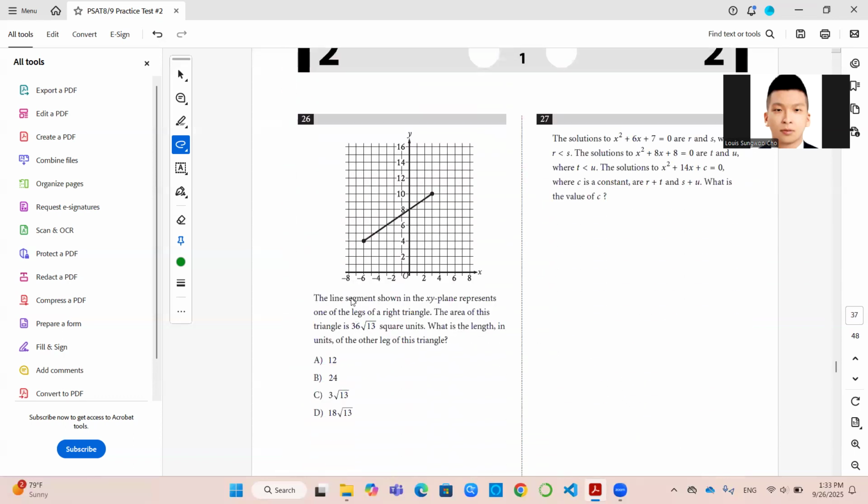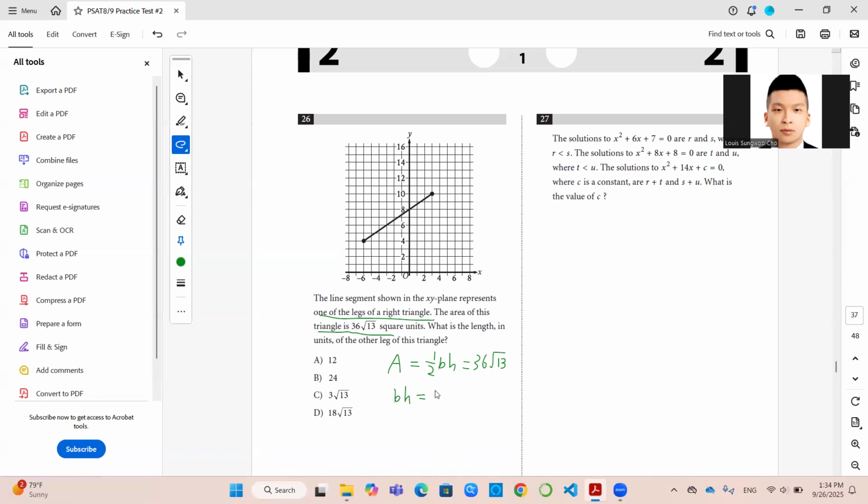The line segment shown in the xy-plane represents one of the legs of a triangle. The area of this triangle is 36 square root 13 square units. What is the length in units of the other leg of the triangle? Okay, so area is equal to 1 over 2 base times height, which is equal to 36 square root 13. What I'm going to do here is get rid of this 1/2 because it's annoying.